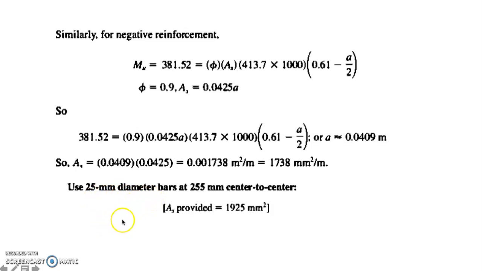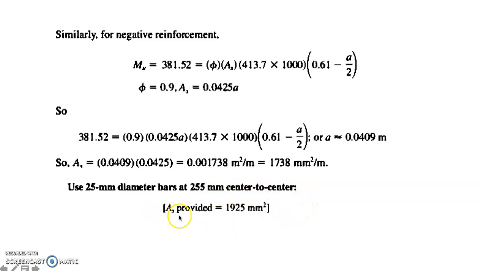That is 491 multiplied by 1,000 equal to the area of the steel, which is 1738 times S. So S here is approximately 255 mm. That is the spacing of the steel bar from center to center.